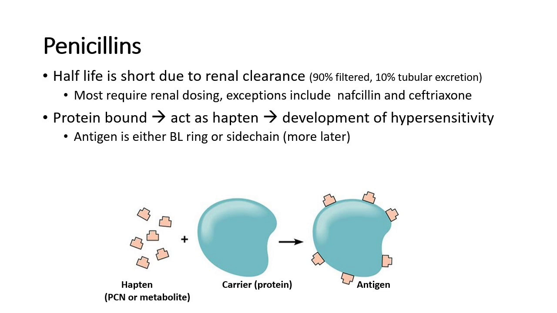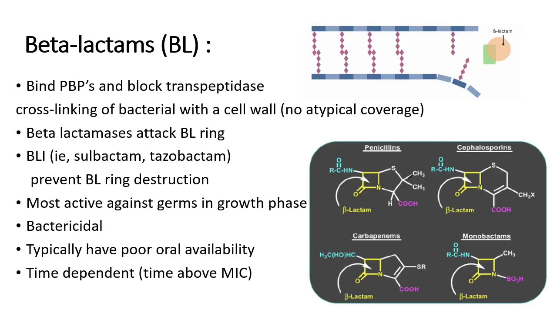These medicines are highly protein bound for the most part. They act as haptens, and this plays a role in their development of hypersensitivity reactions. Now, the antigen is typically either the side chain. If we look here, there are these side chains which are attached to the beta-lactam ring, so that's in this light blue with the R here, and they're all quite different.